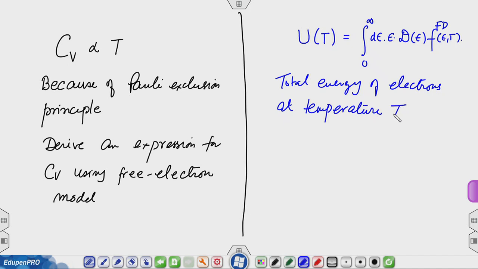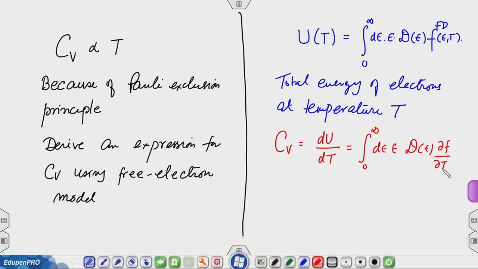And then Cv is going to be calculated as dU by dT, which will be equal to the integral from 0 to infinity dE epsilon(E) E partial F partial T of Fermi-Dirac, because this is the only temperature dependent quantity.